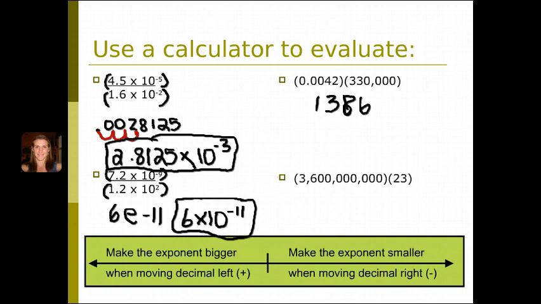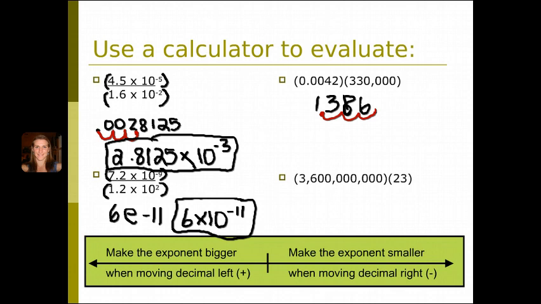In that case, we know that the understood decimal point is right here. We're going to have to move this decimal point 3 places in order to get a number between 1 and 9.9, which is important if you're going to write in scientific notation.